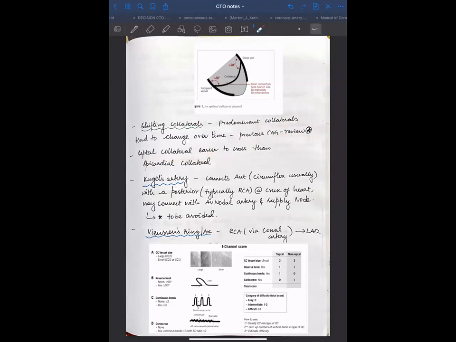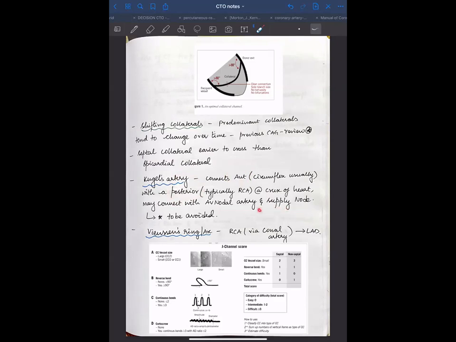Two named collaterals it would be fancy to know. They're not of any importance with respect to CTO intervention per se, except Kuegel's artery, which is to be avoided. Kuegel's is a collateral which connects the circumflex artery, the anterior system, with the posterior system, usually at the level of the crux of the heart. This connection may also have a connection with the AV nodal artery and supply the AV node.